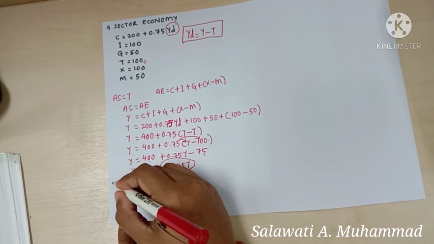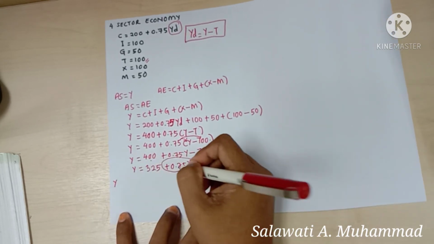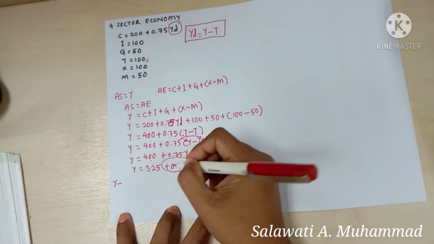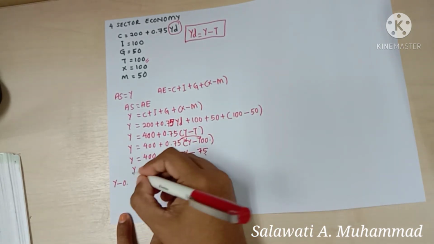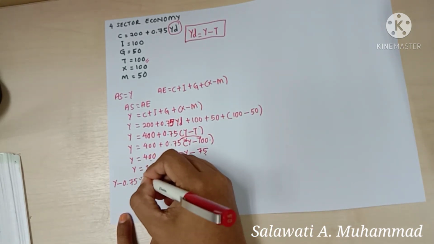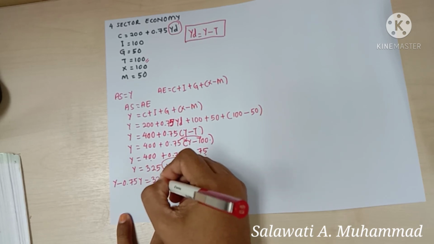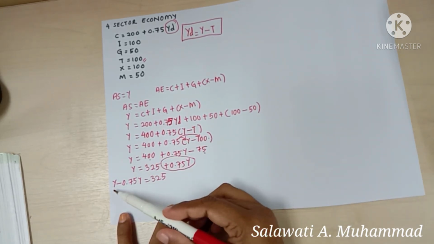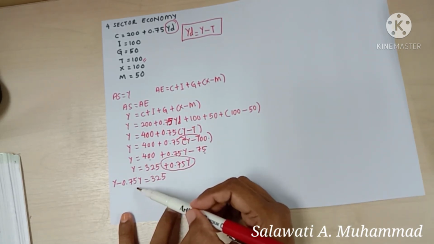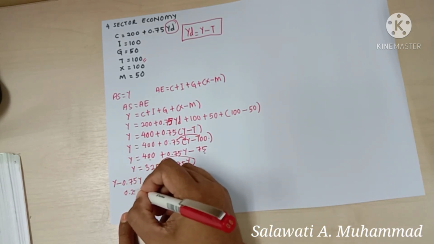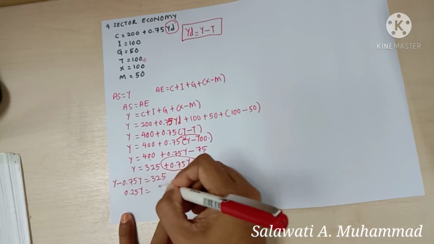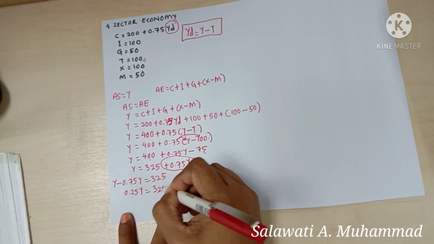So we move this to the opposite direction. So Y is 1Y. Plus will become subtract. So 0.75 Y equal 325. 1Y subtract 0.75 Y, it will become 0.25 Y equal 325.